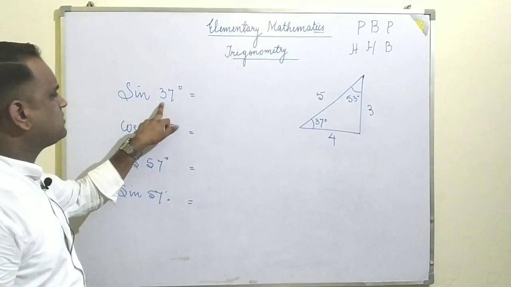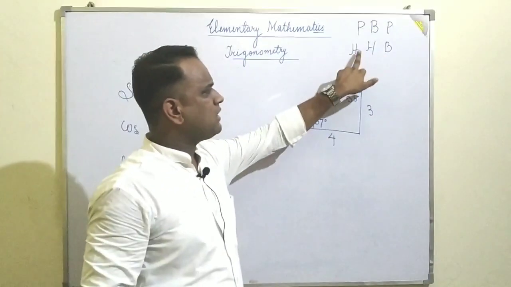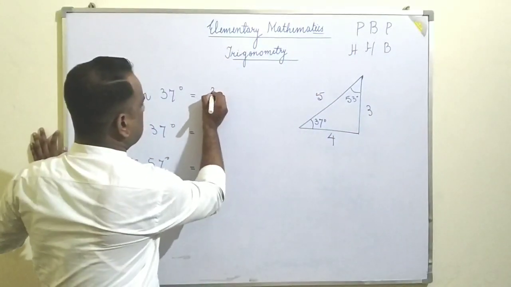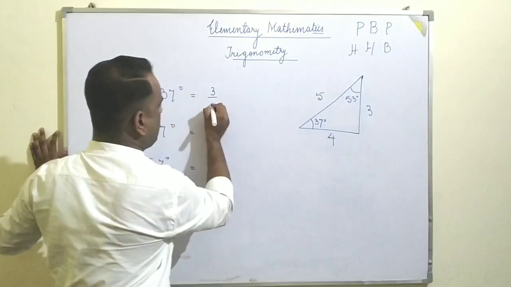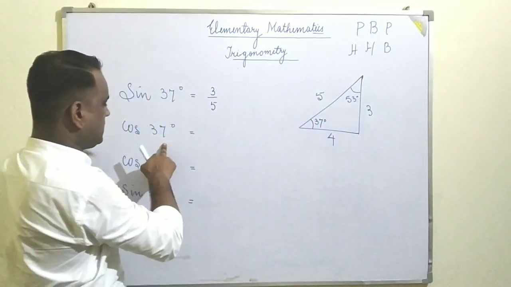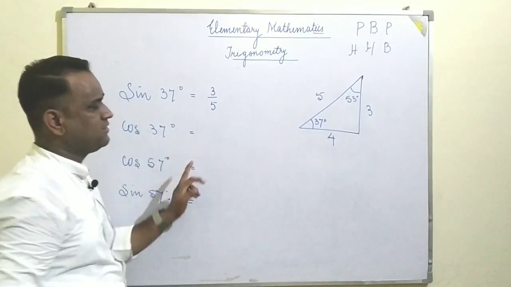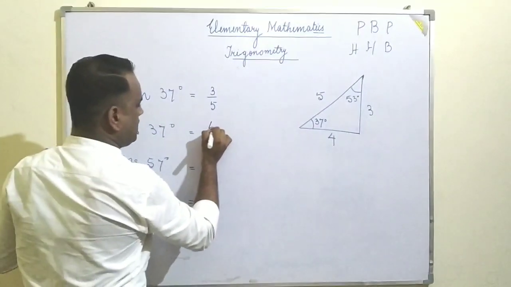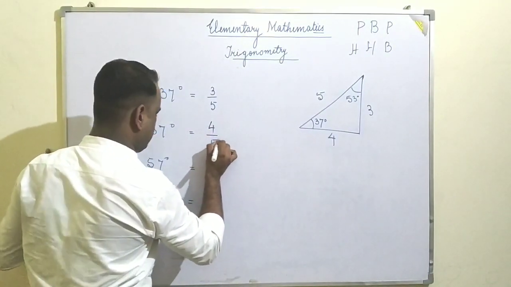So sine theta is equal to perpendicular upon hypotenuse. Perpendicular is 3 and hypotenuse is 5. Now cos theta, here cos 37, is base upon hypotenuse. Base is 4 and hypotenuse is 5.